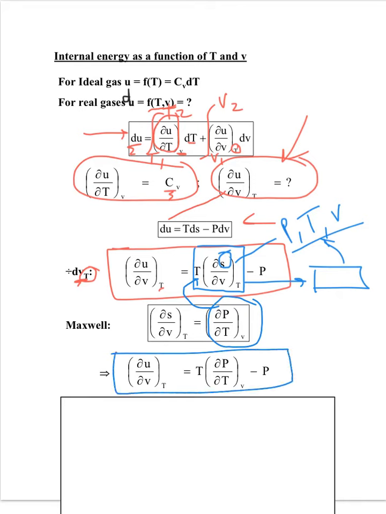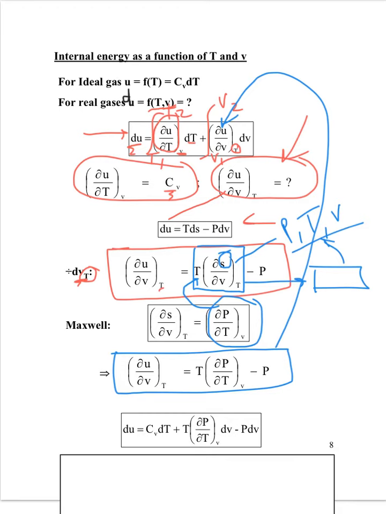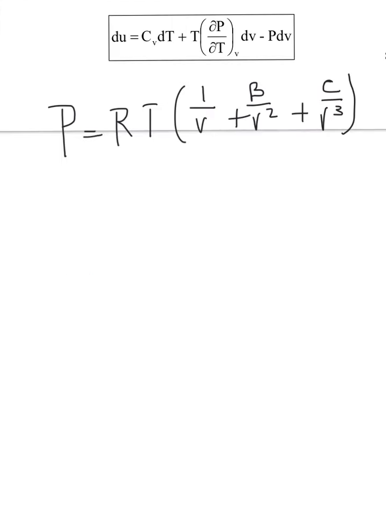If we now substitute that back into our original total differential equation, we end up with an equation that can be used to calculate changes in internal energy with a change in temperature and a change in volume as a function of only constant value heat capacities and pressure, temperature, and volume expressions.